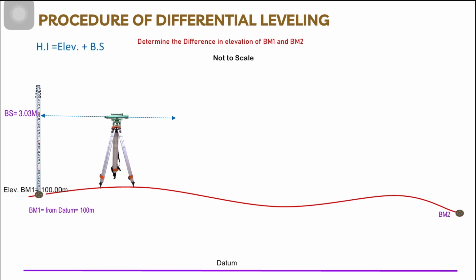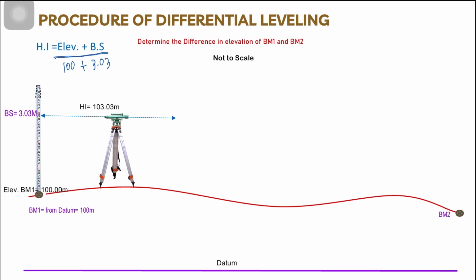Then determine the height of instrument on the first setup using this formula: elevation plus the backsight reading. So this is the first setup. The height of instrument, given the BM1 elevation equivalent to 100 plus the backsight of 3.03, is equal to 103.03 meters.